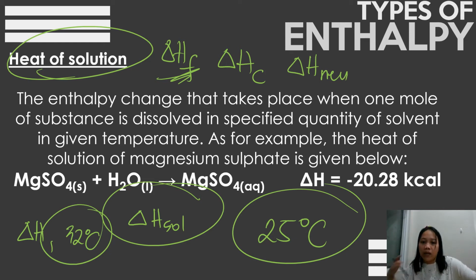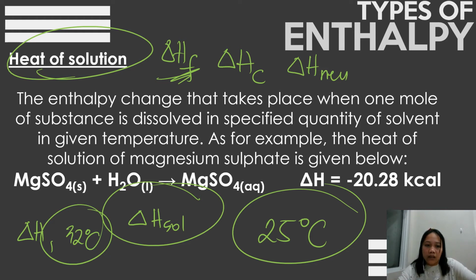That means it should be at 25 degrees Celsius. In that case, you cannot solve that unless you surf the internet looking for the standard values of the enthalpy of every compound under 32 degrees Celsius. So, make sure to read the problem very carefully.